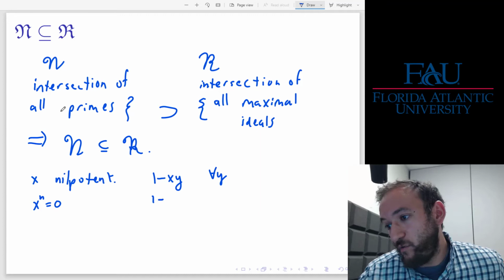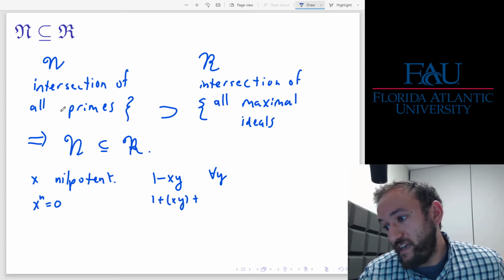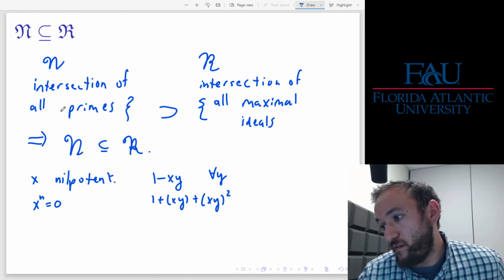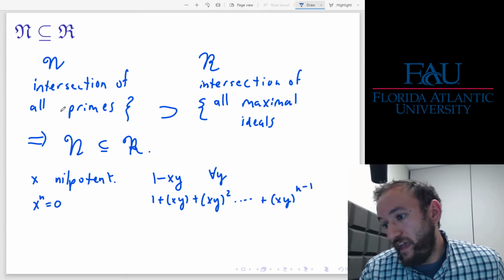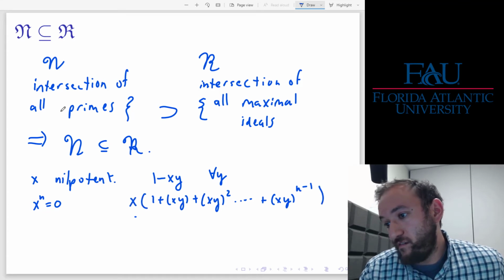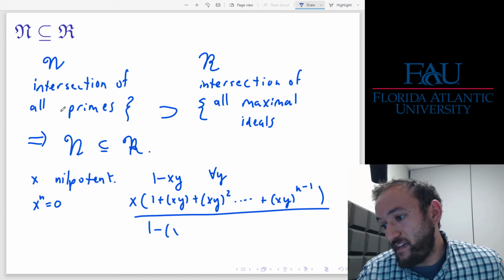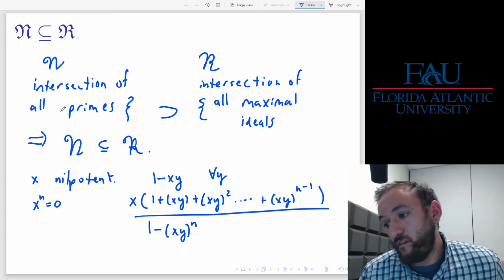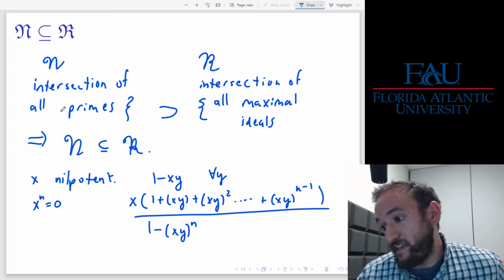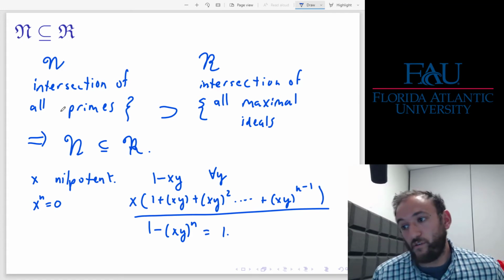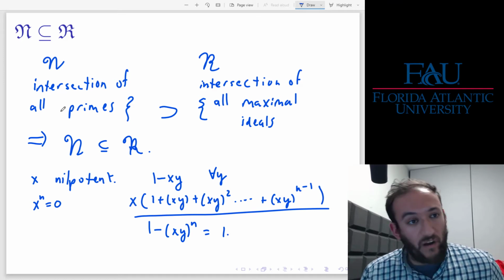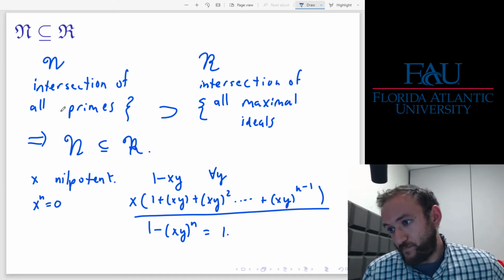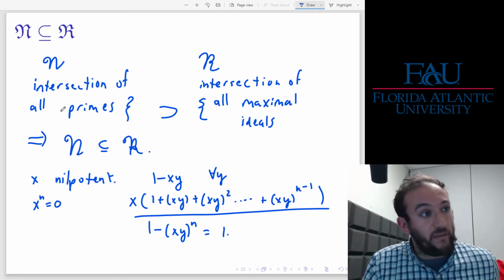Then I can multiply this by 1 plus xy plus xy squared, all the way up to xy to the n minus 1. The result of that multiplication is 1 minus xy to the n, and since x to the n is 0, this will be 1. So any nilpotent element trivially satisfies this requirement of elements of the Jacobson radical, which is another way to verify this containment.